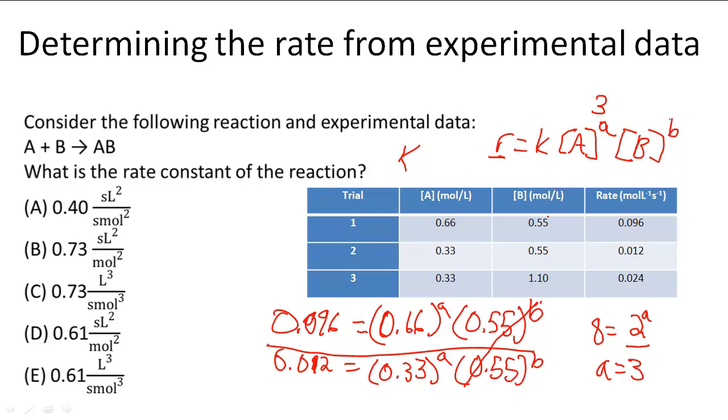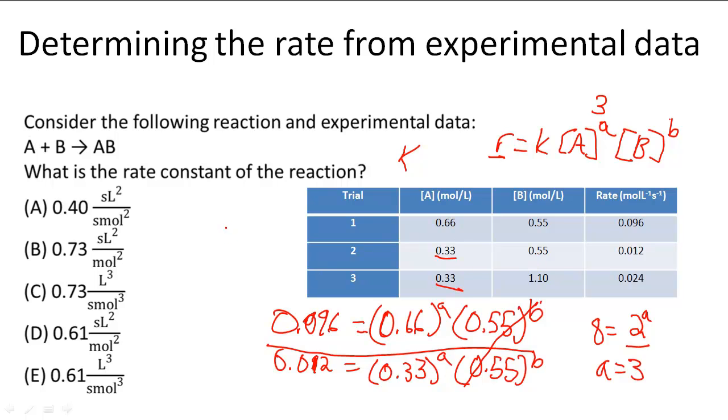Now to do the same thing for B, we see that A is constant for trials 2 and 3, so we just divide these two. Notice that 0.55 and 1.10 are double each other, and A stays the same.